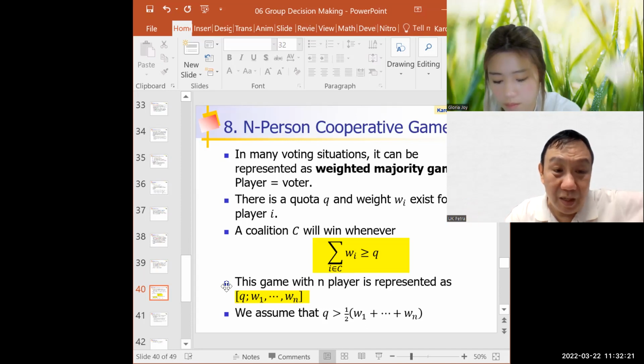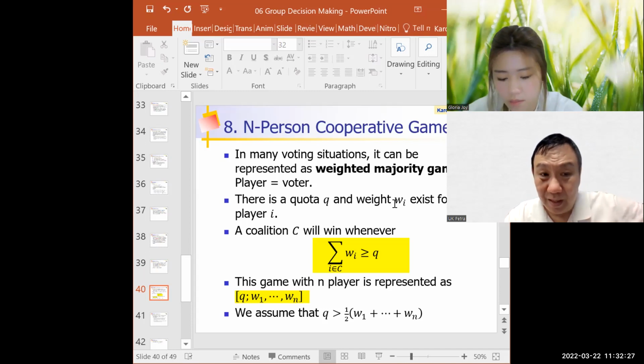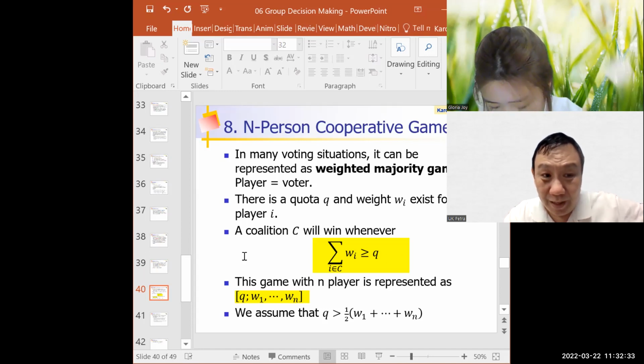So what is this? There's a quota Q, and then there is a weight for each player, for each voter, the player i. So then your job is to create a coalition, right? Cooperation, right?